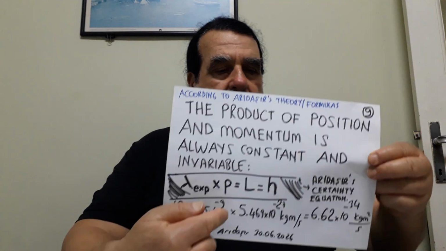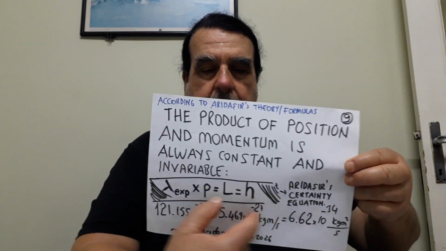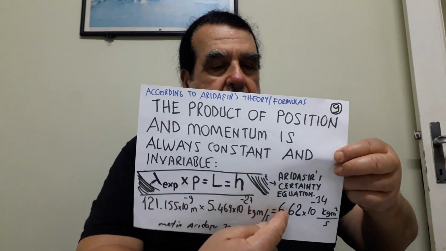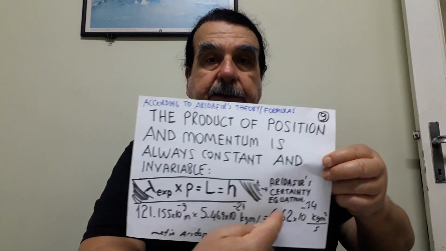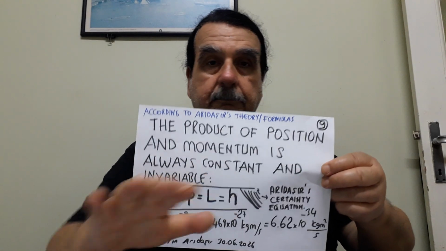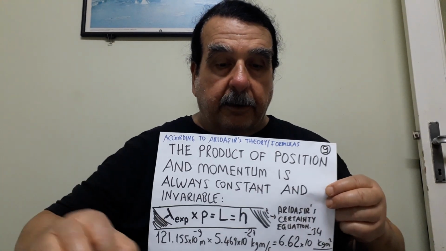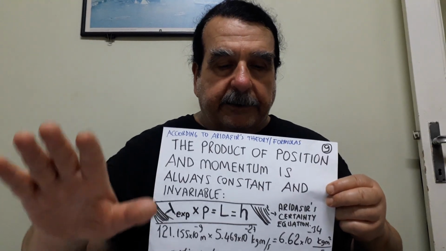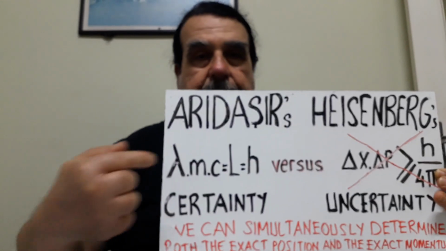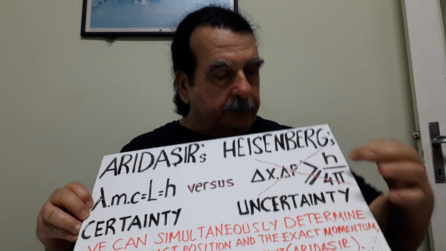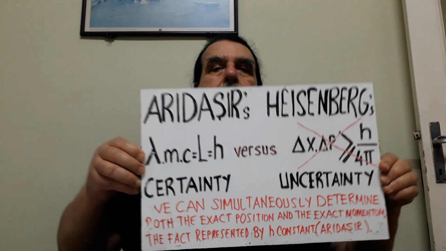Multiplied by, according to the formula, the result is Planck's constant, angular momentum, unchanged, invariable, constant. Okay, so Arıdaşır certainty formula versus uncertainty formula of Heisenberg.